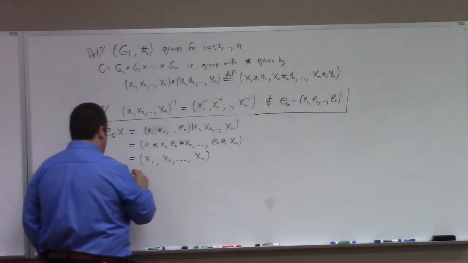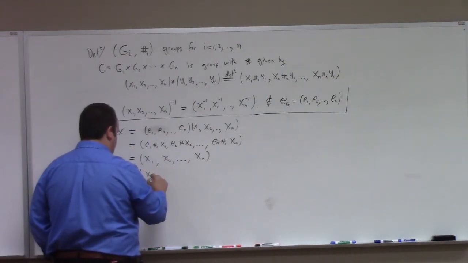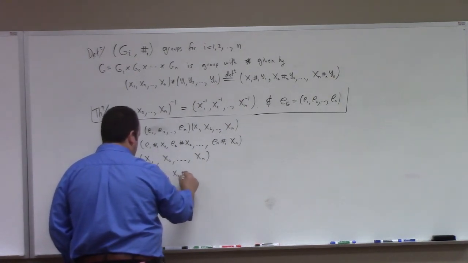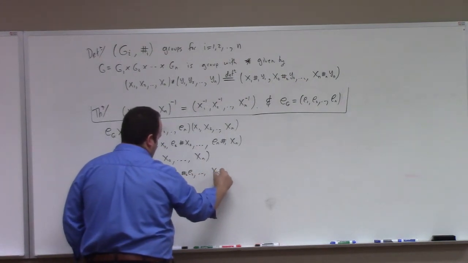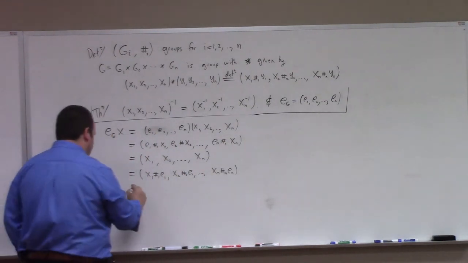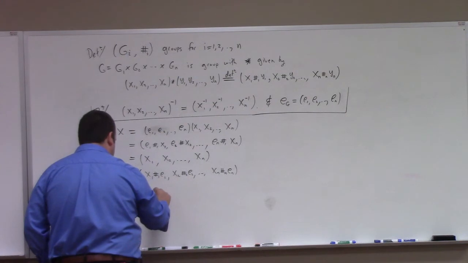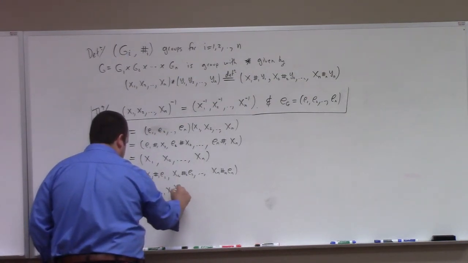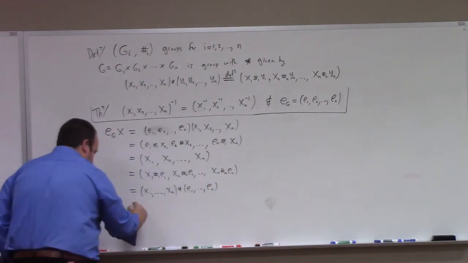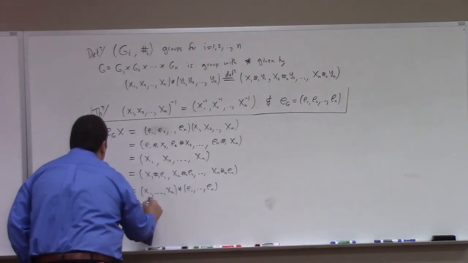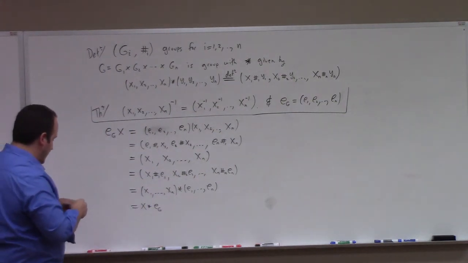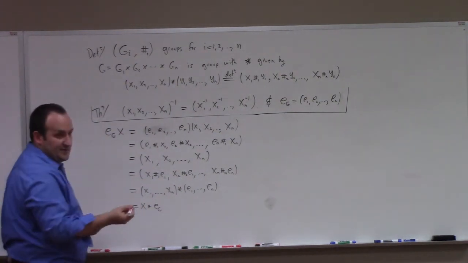And of course, we can also write that as (x1 pound 1 E1, x2 pound 2 E2, ..., xn pound n En), which by definition of the operation is (x1, ..., xn) star (E1, ..., En), which of course is x star EG. I've committed two cardinal sins of my notation so far. I will fix them now in red.